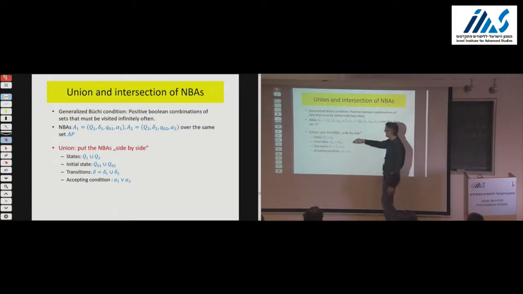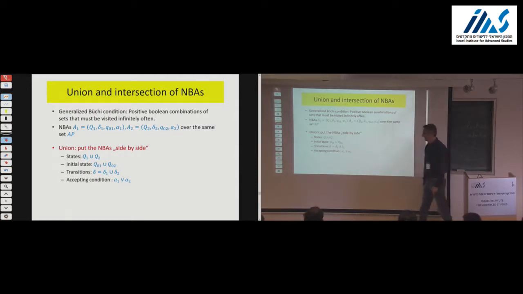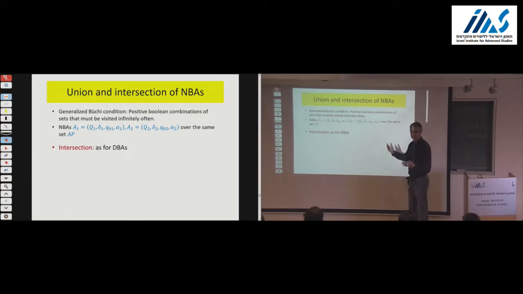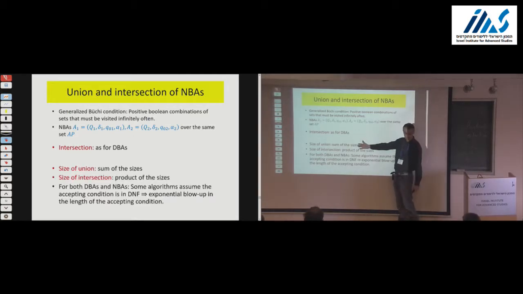I am assuming that you can now have more than one initial state, and then it's really putting them side by side. You take the union of the states, the union of the initial states, the union of the transition relations, and the accepting condition is just the disjunction. And the intersection is exactly as for DBAs. So now the size of the union is the sum of the sizes, not the product, and the size of the intersection is the product of the sizes.